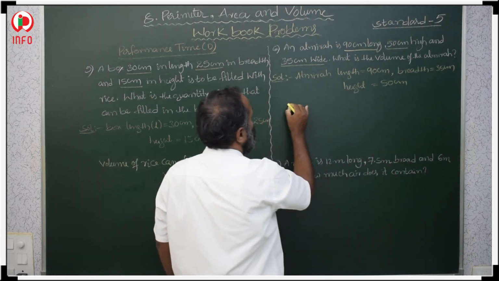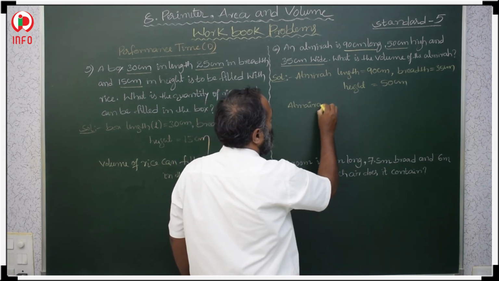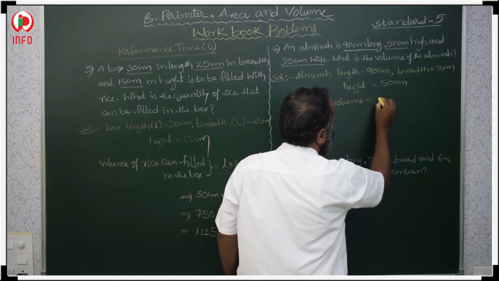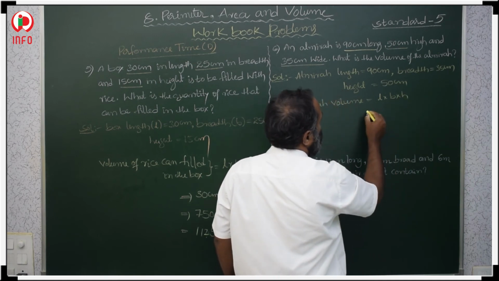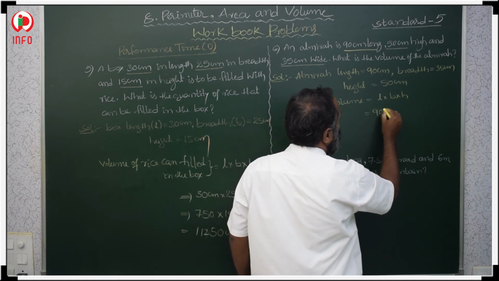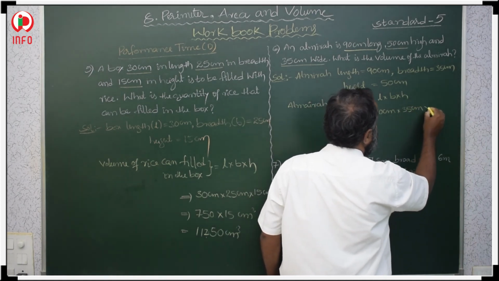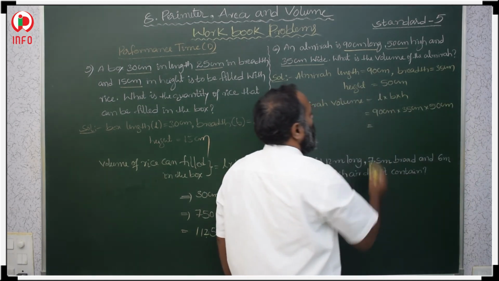Then volume, almara volume is equal to length into breadth into height. What is the length here? 90 centimeters, breadth 35 centimeters and height 50 centimeters. Now multiply.